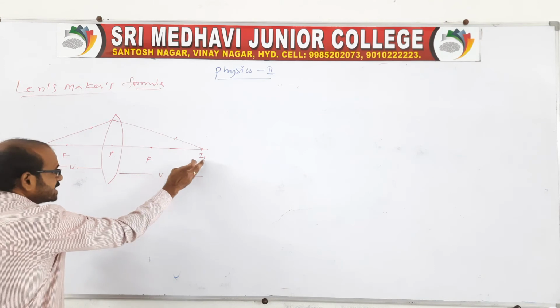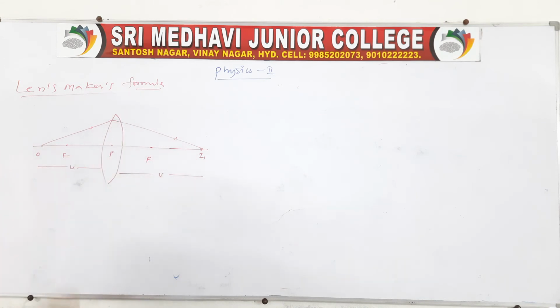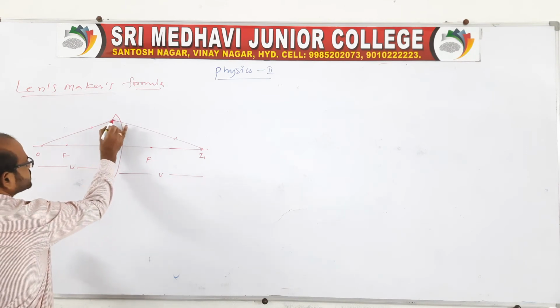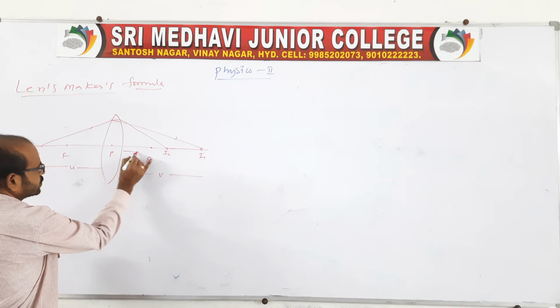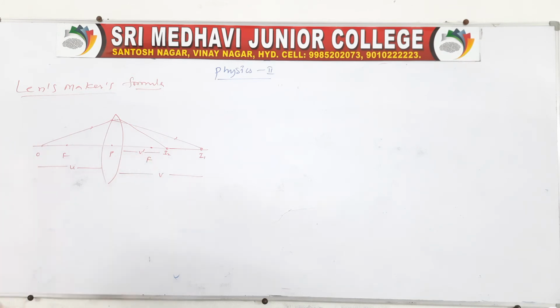So now this image acts as an object for the second surface. Therefore the image is formed at a position I2, which we call V dash.